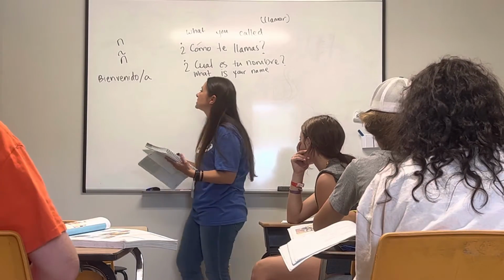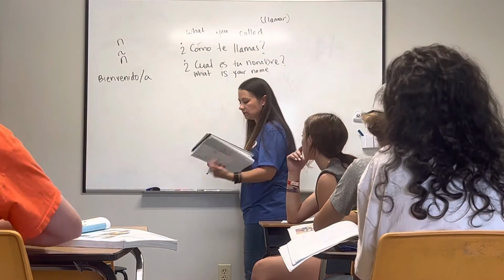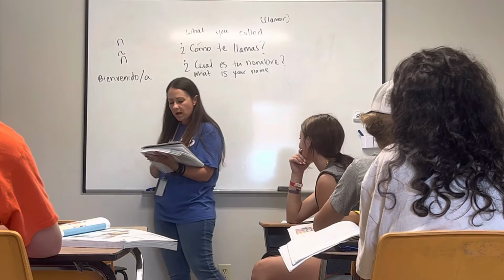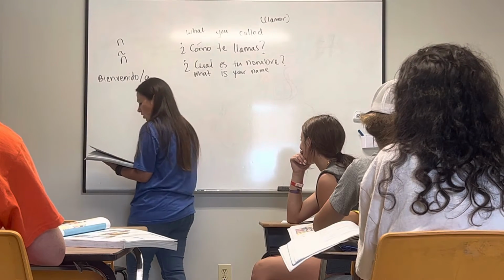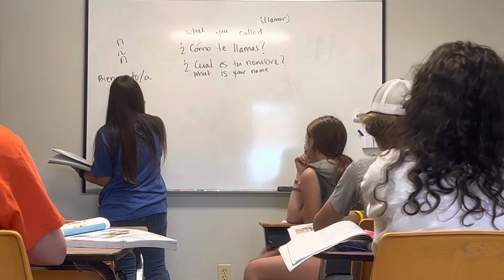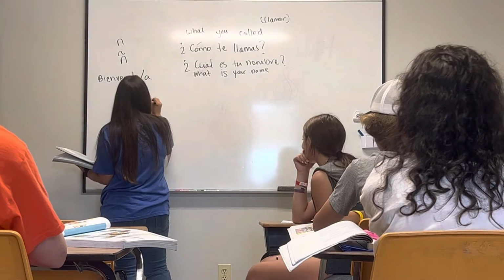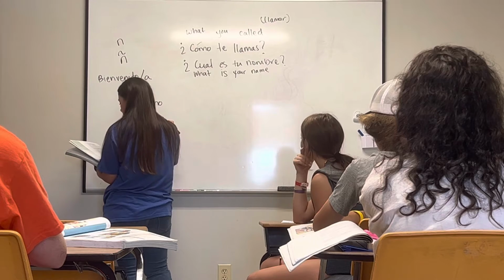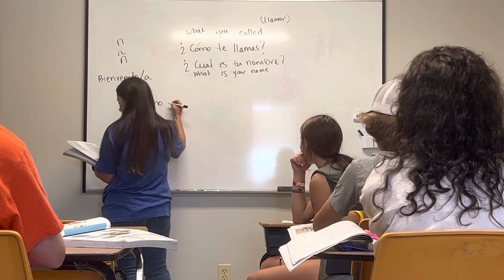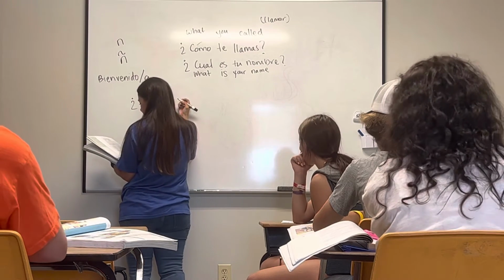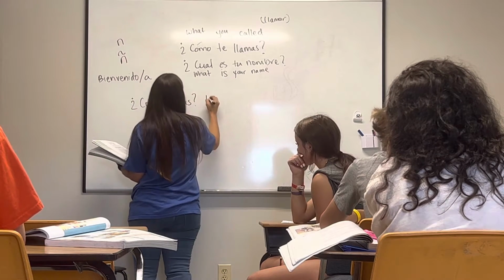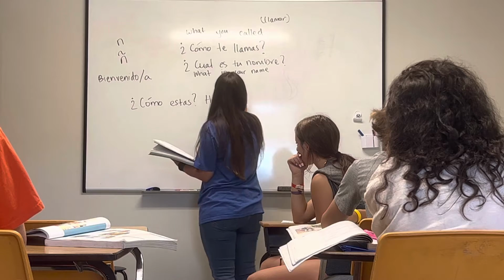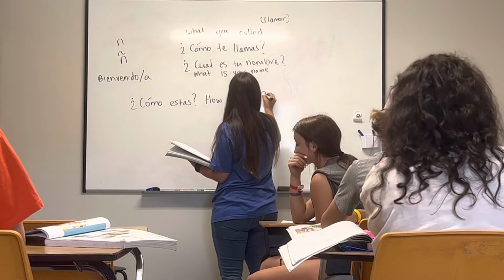But in Spanish, they have some differences in grammar. So let's take the easiest one, ¿Cómo estás? ¿Cómo estás? is the main way to ask somebody, how are you doing? How are you? How are you doing? Okay.